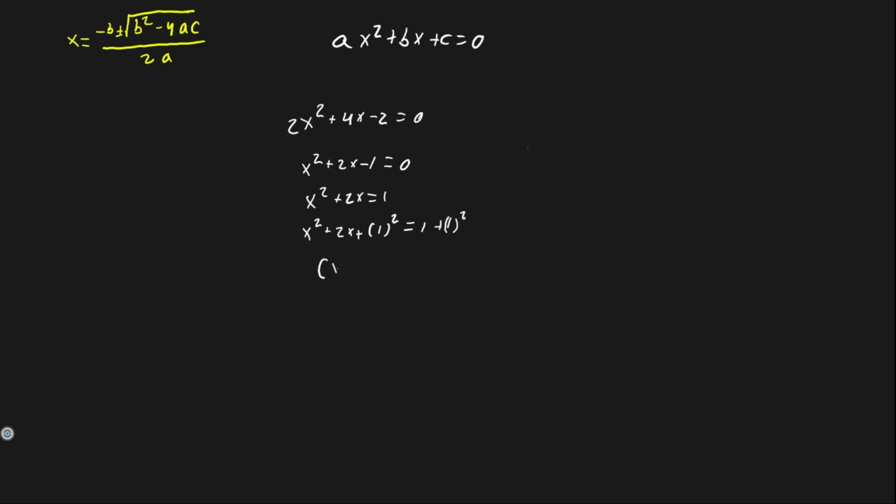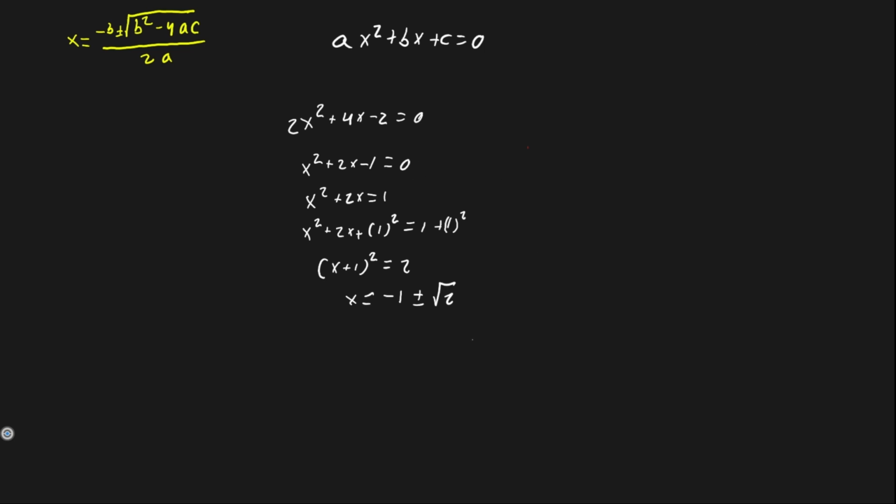And this is going to give us x plus 1 squared is equal to 2. And we're going to get x is equal to -1 plus or minus root 2, which is going to be our solution to this quadratic since we're completing the square.